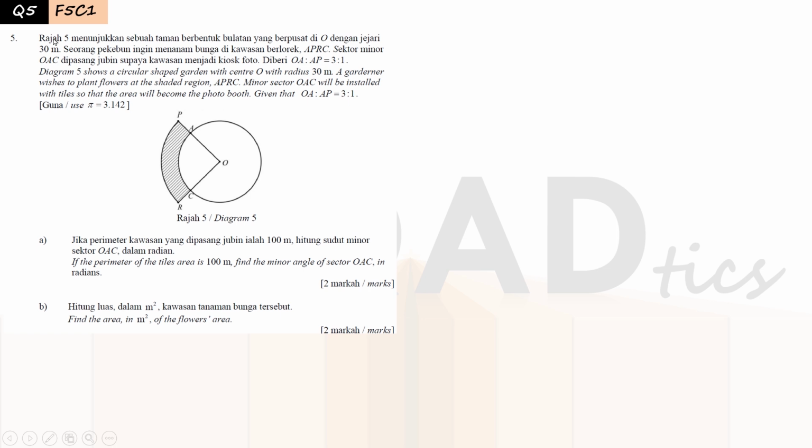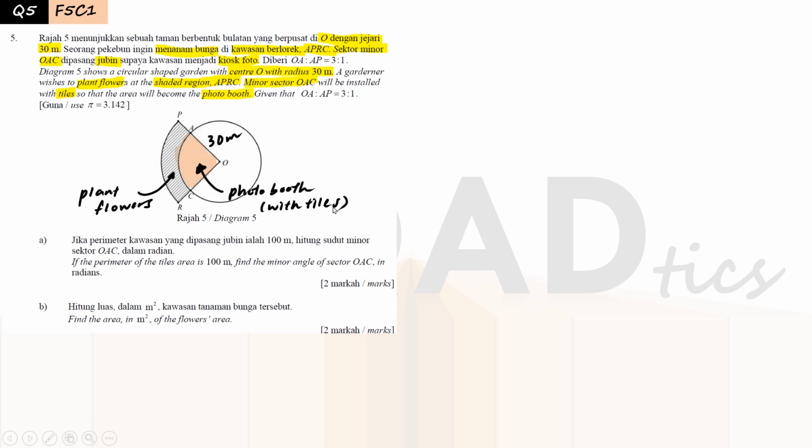Question 5 focuses on circular measure, and in this paragraph there is a lot of important information. So let me summarize and explain in this diagram. For the circle here, the radius is 30 meters, and the shaded region is where they would be planting flowers, and this minor sector OAC, they are planning to use as a photo booth, and it has tiles.